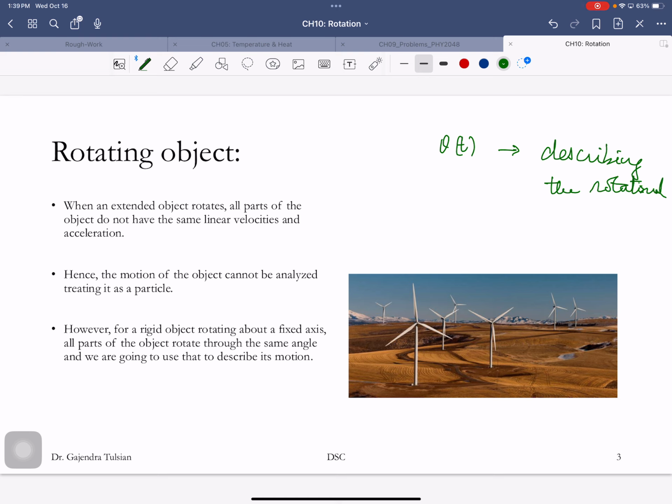This is describing the rotational motion of the object. So for a rigid object rotating about a fixed axis, all parts of the object rotate through the same angle, and we are going to use this to describe the motion.